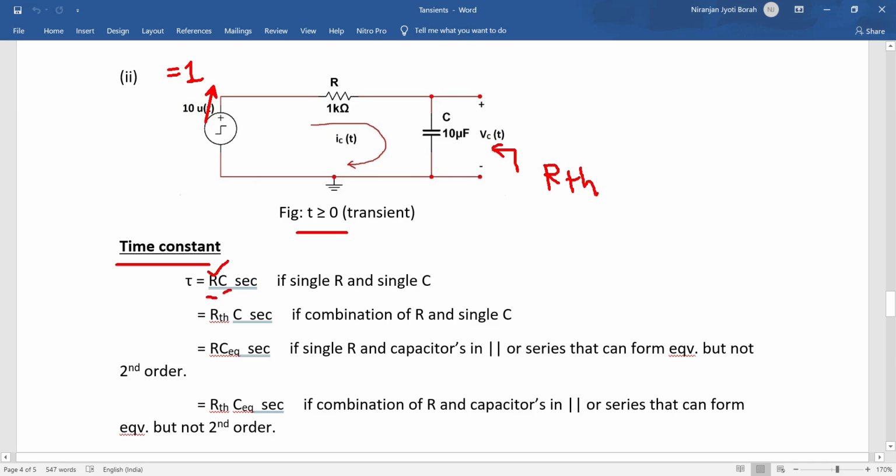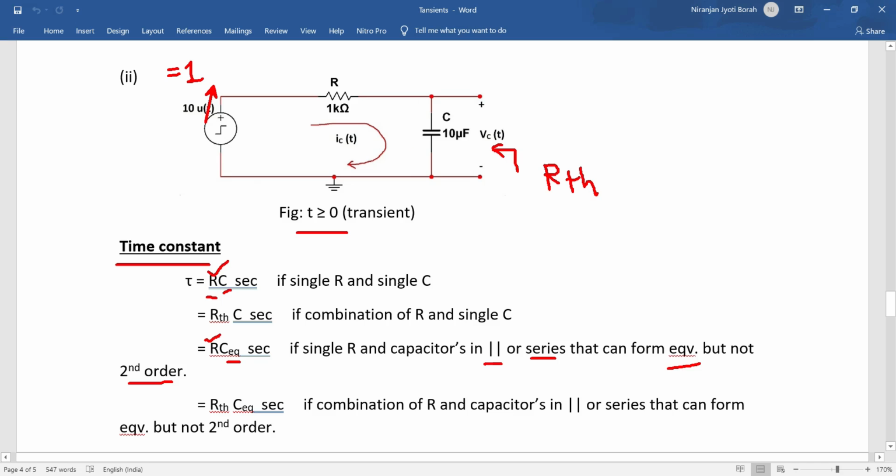If we have more than one capacitor, but the capacitors are arranged such that we can find the equivalent capacitance by series-parallel combinations, and the circuit is not of second order, then we take the equivalent capacitance and multiply it with R to get the time constant for the circuit.